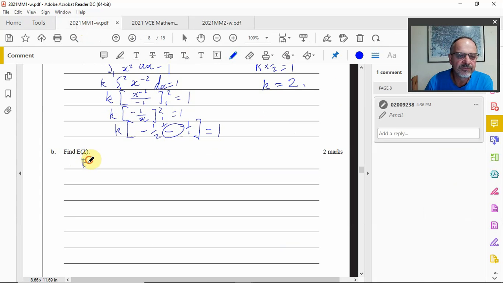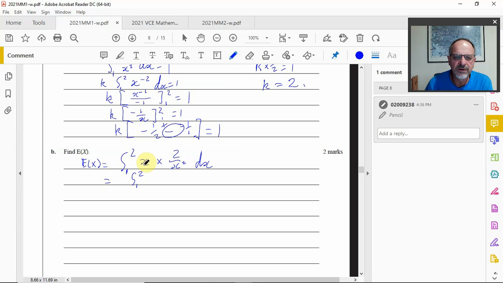So what I'm looking for, my expectation value then, is the integral from 1 to 2 of x times f(x), and that's 2 on x squared dx. So let's neaten some things up a bit.